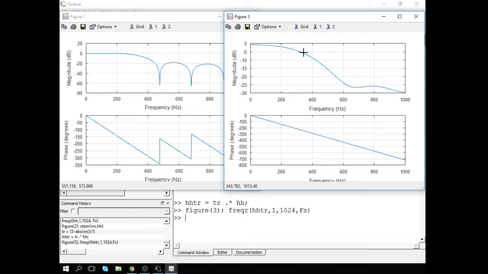So cutoff frequency is roughly there where we started, at 350. Then we have the stop and start frequencies around 600. So now our transition bandwidth is 350 Hertz. No, 250 Hertz.